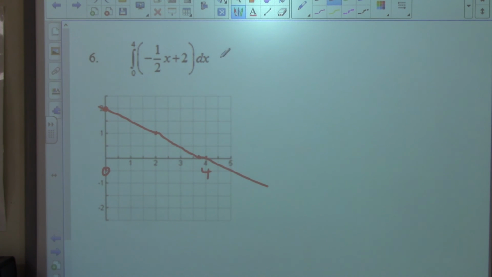So what do we got for that? 4 times 2 divided by 2, does that look right? That'd be 4, right? Does that make sense? If it's a triangle, then you're going to multiply them by each other and divide by 2. Okay. For the area, that's what you're going to get.